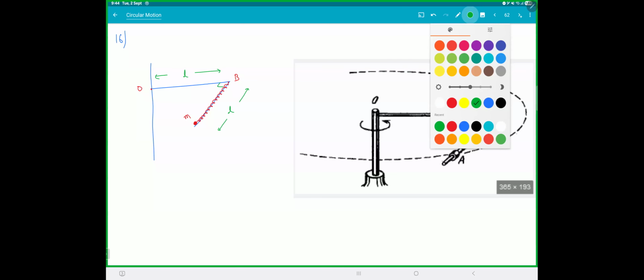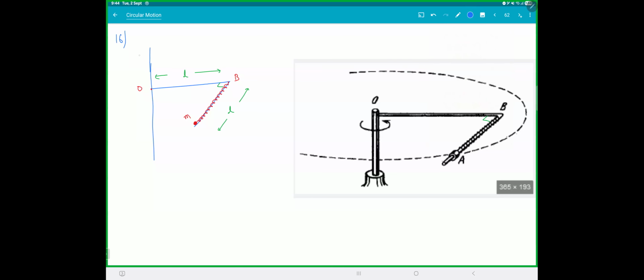And now you started rotating this whole setup with omega. So initially the spring is in natural length. K is the spring constant. So the spring can move only along the rod.